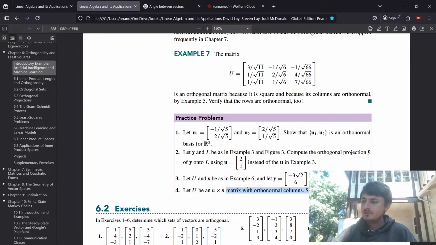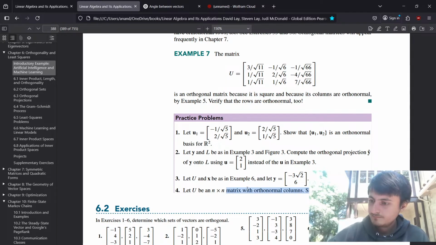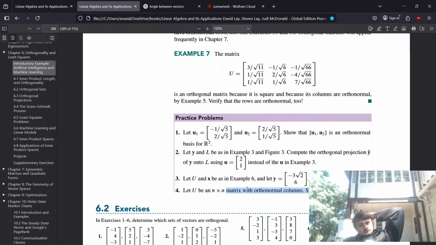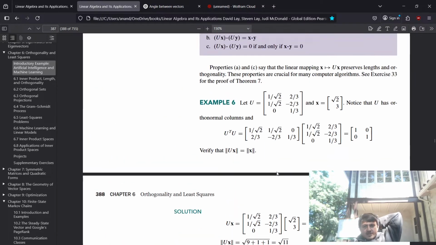How are we going to show that? Okay, so this one is probably an application of this theorem.